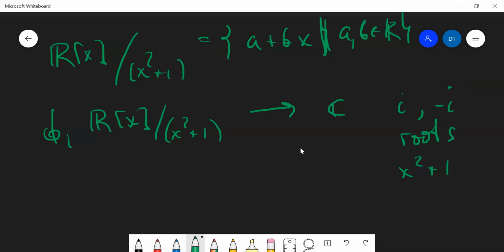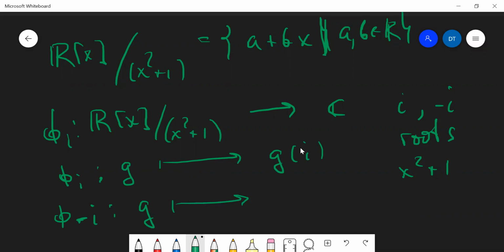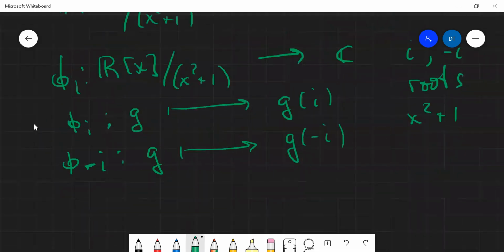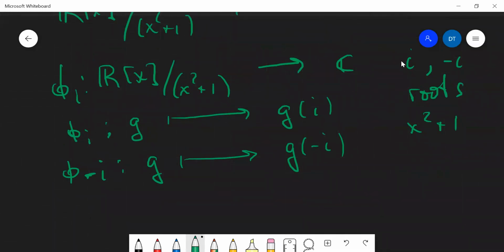A homomorphism phi i, which takes any element g to the element g of i, and a homomorphism phi minus i, which takes any g to g of minus i. These are all possible homomorphisms from this ring to this one. And let me show you that these homomorphisms are actually isomorphisms.